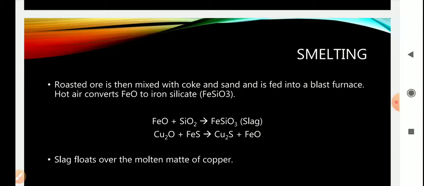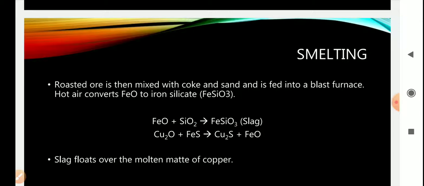So the hot air converts FeO to iron silicate. Here FeO and SiO2 react and are converted to FeSiO3, that is the silicate salt of iron, and it is eliminated from the mixture as slag. So that is the impurity.